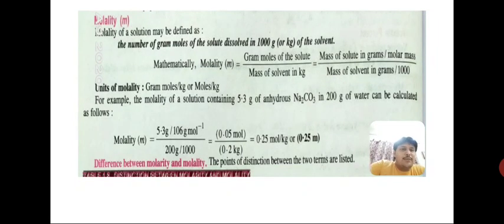Here the given mass is 5.3, the molar mass of Na2CO3 is 106, and the given mass of solvent is 200 upon 1000. Okay students, in this way we just put all these values and we get our final answer. After calculation we get 0.25 mole per kg.